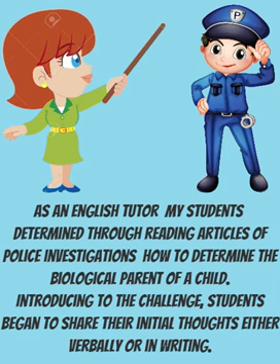As an English tutor, my students determined through reading articles of police investigations how to determine the biological parent of a child. Introducing the challenge, students began to share their initial thoughts, either verbally or in writing.